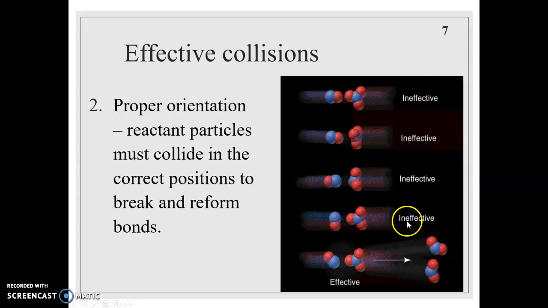Then all those are ineffective collisions. But when it's oriented properly, then the collision occurs. So that is something that would maybe make this reaction be slower than another one that's less specific about the orientation of the particles, even if the temperature and the activation energy were the same.